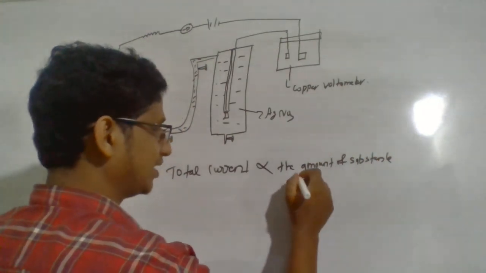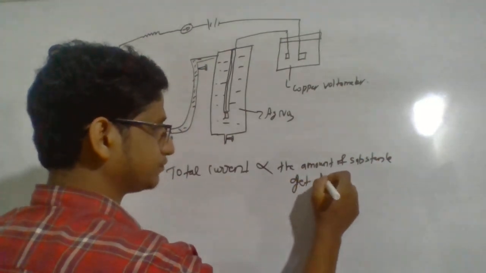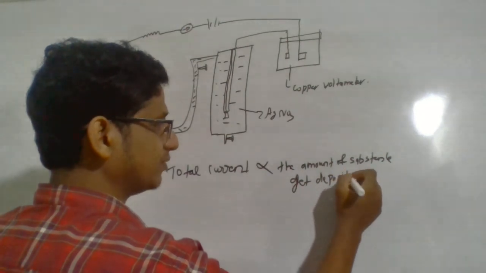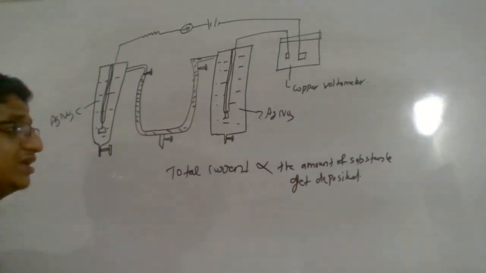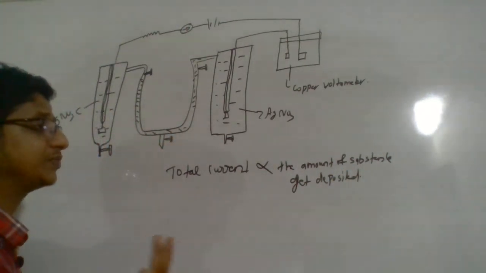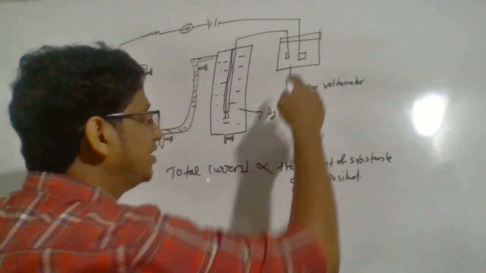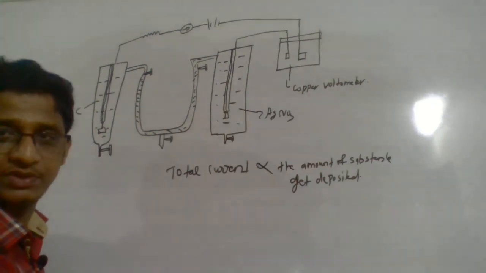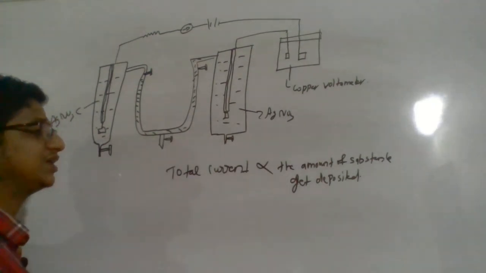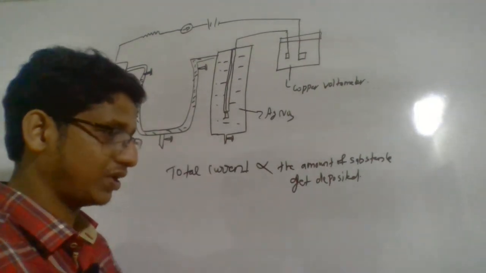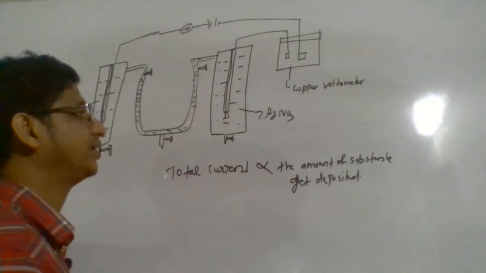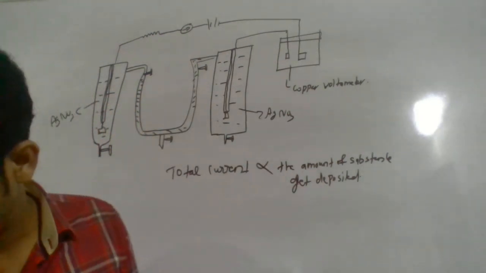So using Faraday's law, you can understand the total current that is passed through the solution by knowing the amount of copper that is deposited. That's why we connected a copper voltameter, to understand the total current that passes through the solution.